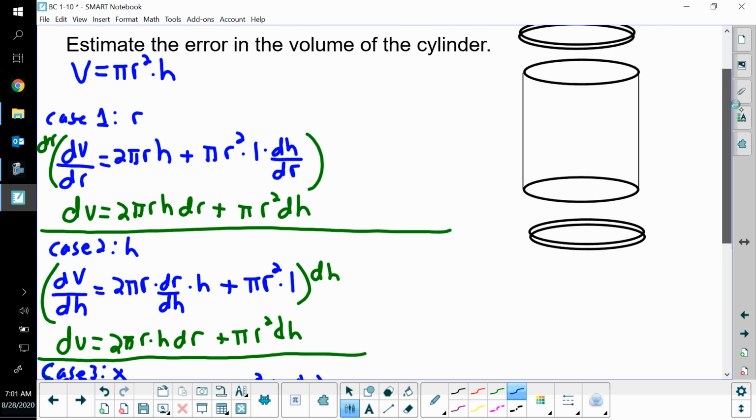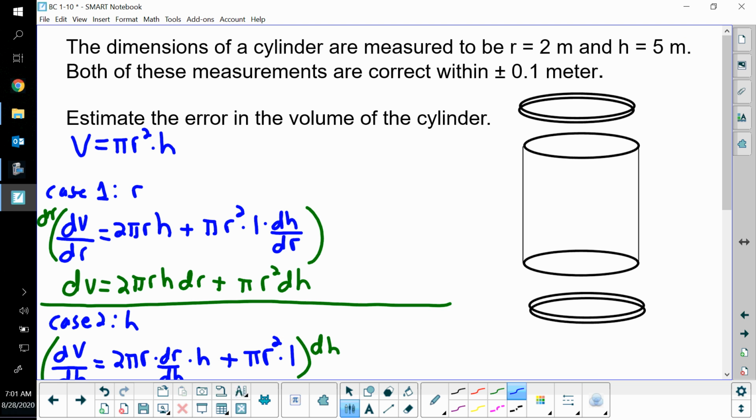So let's take this and we'll fill in. So dv is equal to 2 pi. R is the measured radius, which they told us was 2 meters. H is the measured height, which they told us was 5 meters. And then the dr is plus or minus 0.1.